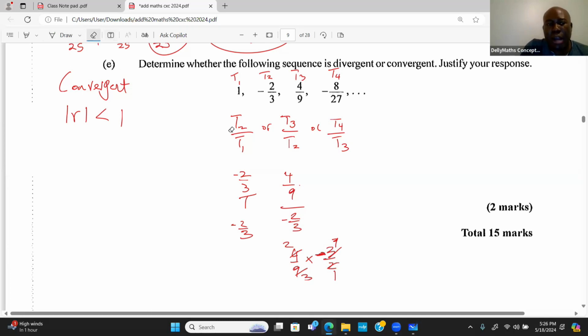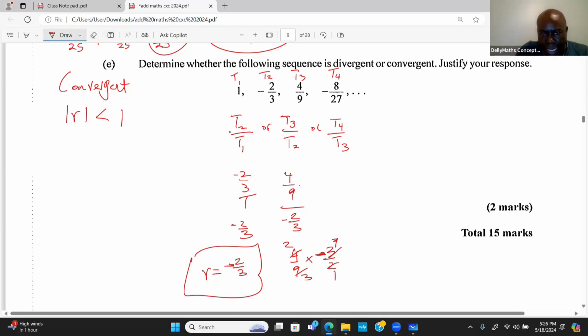So basically, the common ratio between the terms is equal to negative 2/3. This is less than 1. Because this is less than 1, it is actually converging. We did say if we work it out and realize that it is less than 1, then it is converging.